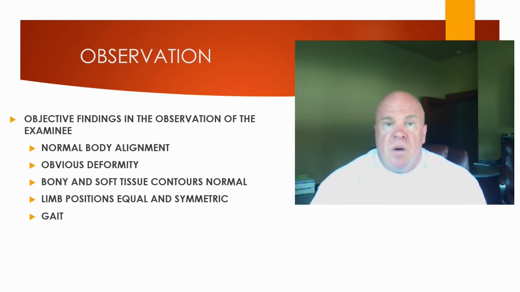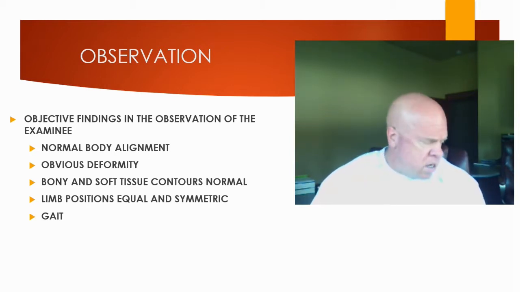And we know that muscles can undergo wasting through a variety of physiologic processes, including denervation, including reflex inhibition. So this would be an example of a soft tissue contour that could serve as a true positive objective observational finding. Are the limb positions equal and symmetric?